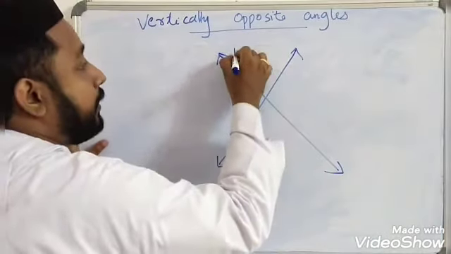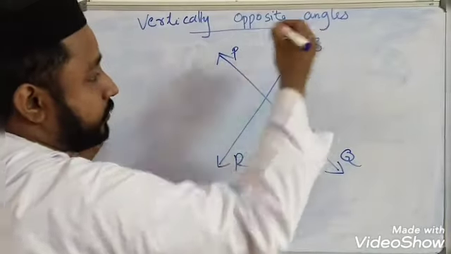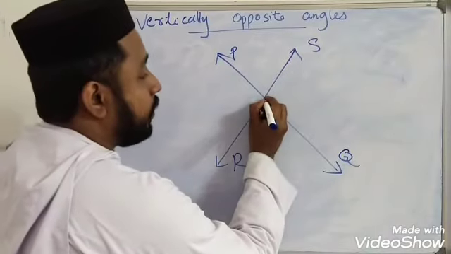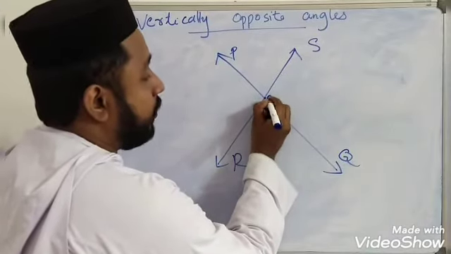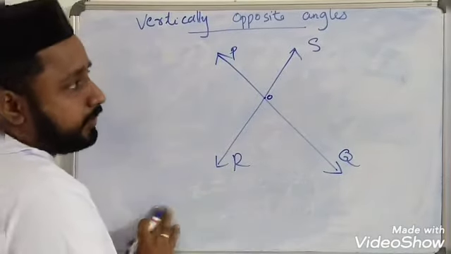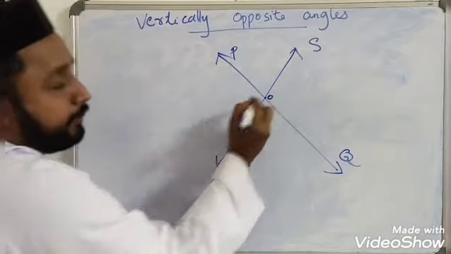So two lines PQ and RS intersect at a point, and we call that point O. Two lines, line segments or rays intersect at a point.